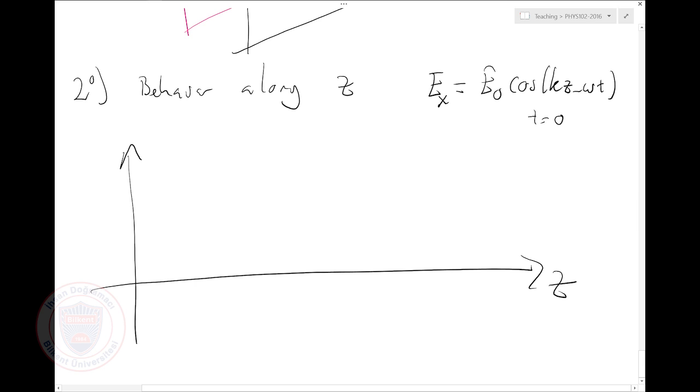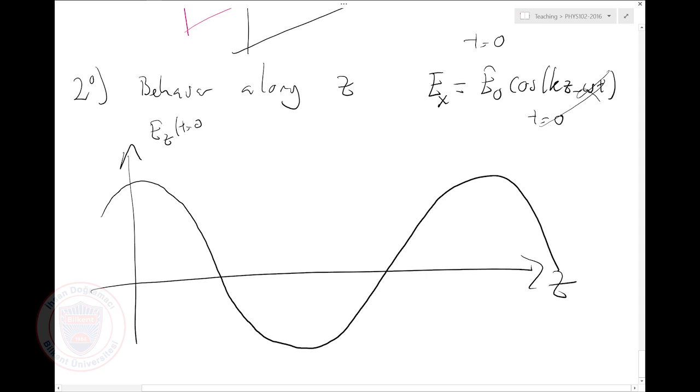When t equals 0, Ex is just E0 cosine kz. That's a usual cosine we know of. It's not very hard. So let me plot Ex at time t equals 0. It's going to be a nice cosine.